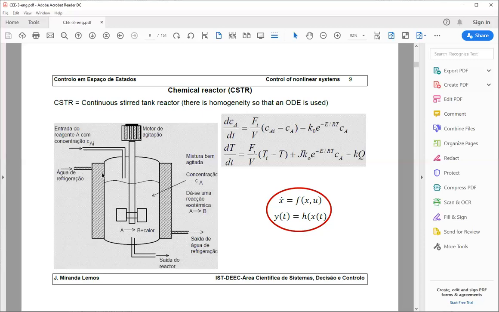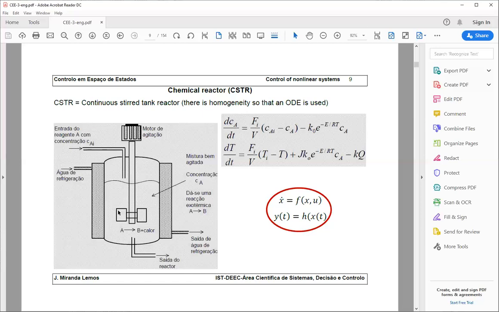In this case, we are going to leave the temperature without any control, just a steady flow of water. So continuous means that you are continuously adding reactants that react and produce some products of reaction.